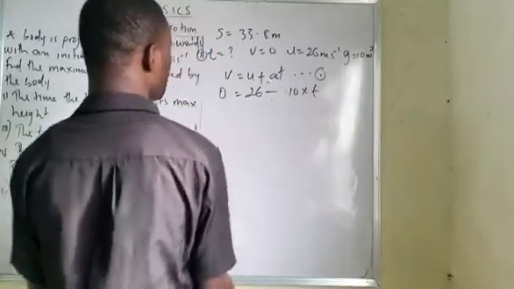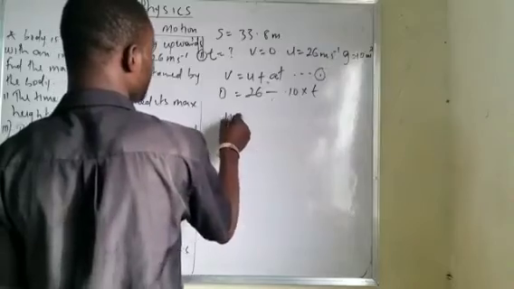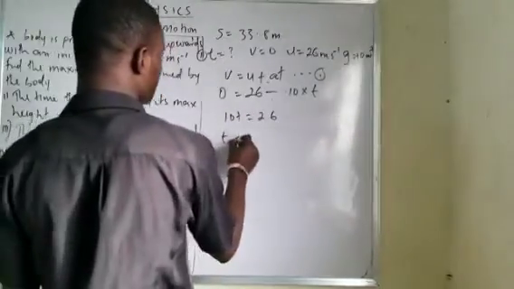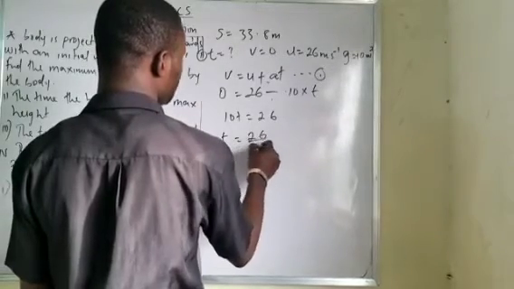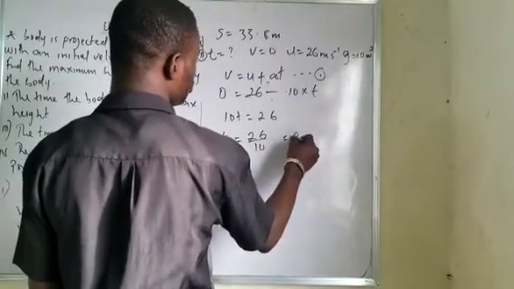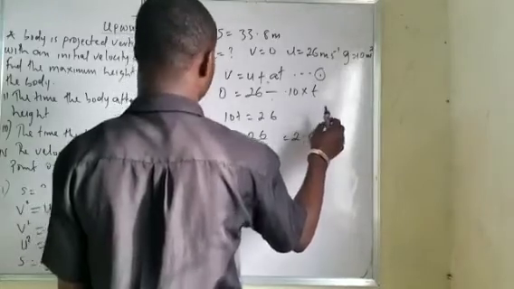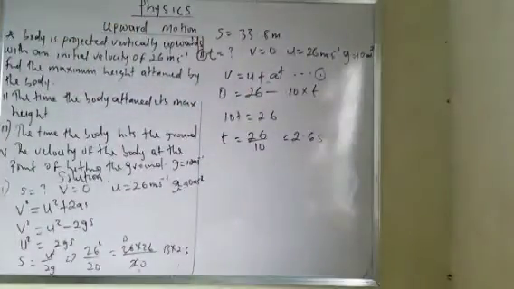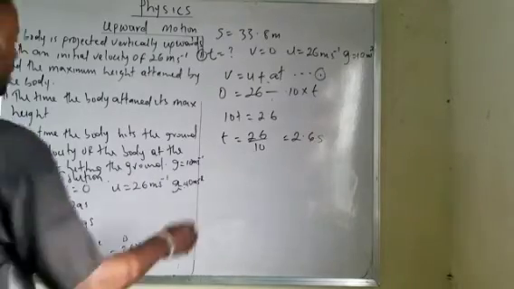So 10t equals 26, and t equals 26 all over 10, which is 2.6 seconds.